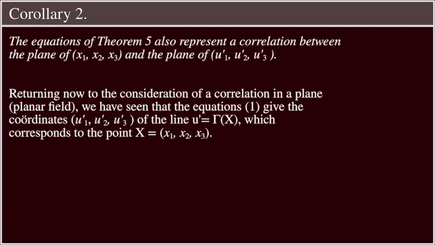The equations of Theorem 5 also represent a correlation between the plane of x1, x2, x3 and the plane of u1', u2', u3'. Returning now to the consideration of a correlation in a planar field, we have seen that equations 1 give the coordinates u1', u2', u3' of the line u' equals gamma of x, which corresponds to the point x equals x1, x2, x3.